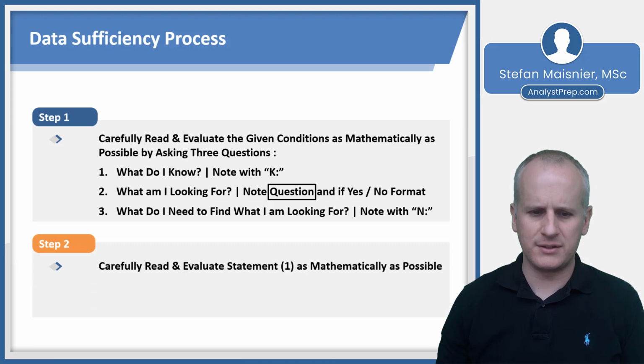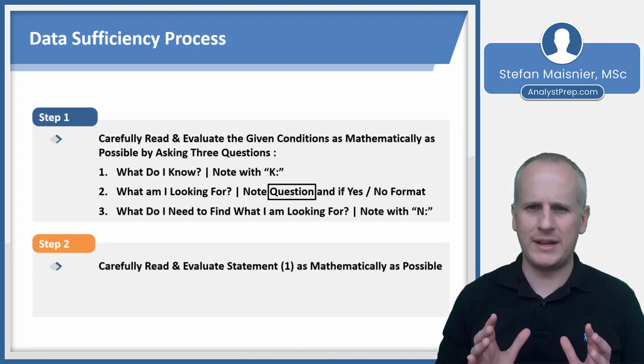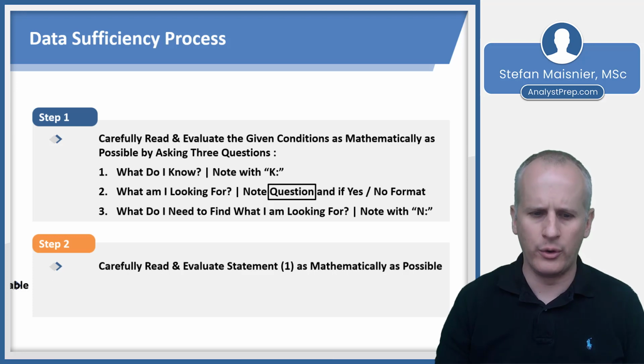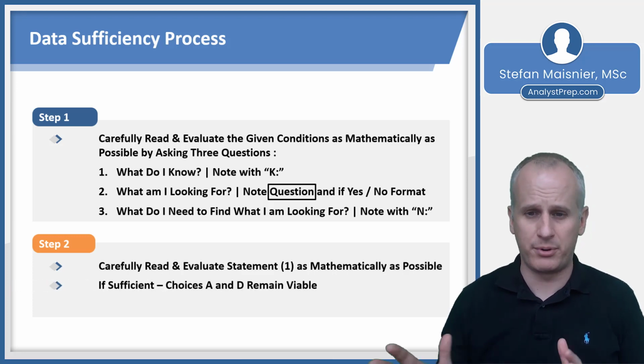Then step 2 is going to be to carefully read and evaluate statement 1 as mathematically as possible alone. We have to make sure that we don't bring in the others.